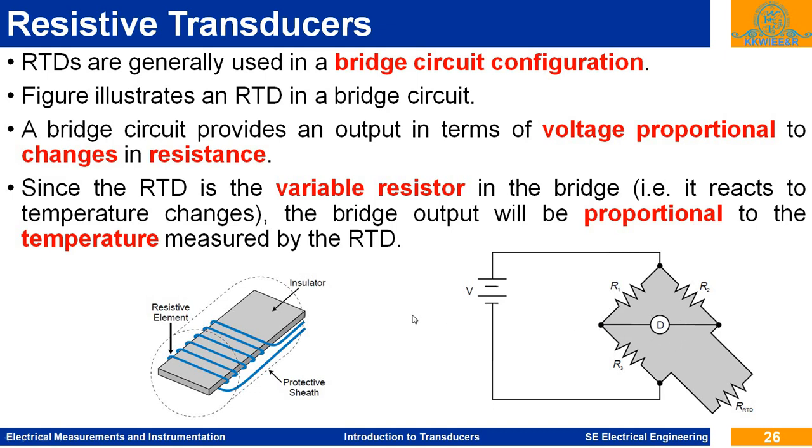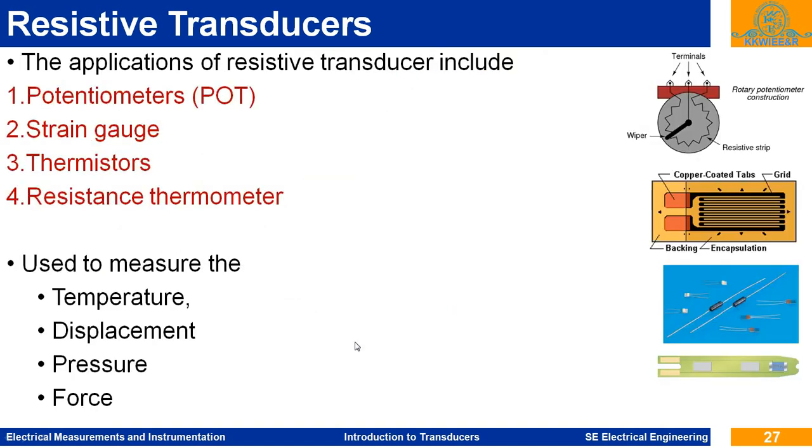In this way, the change in the resistance is measured by using this bridge. By using this RTD sensor, we get an output voltage proportional to the temperature measured by the RTD. So these are the resistive transducers.